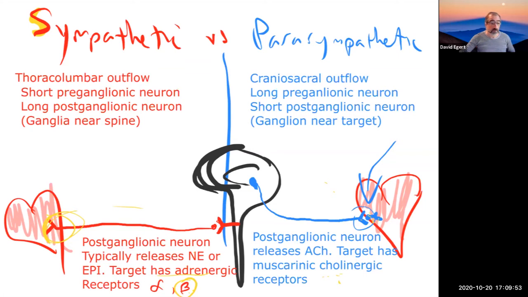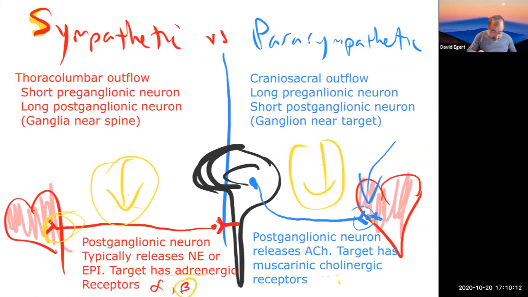So there's a whole bunch of different drugs. Again, this is going to be later on when you get into your pharmacology. There's a whole bunch of drugs that are specifically to either block or activate sympathetic or parasympathetic. And the different subclasses of receptors tend to be localized on different areas. So you actually have some amount of finesse in how you are modulating the activity of the sympathetic and parasympathetic systems using the different drugs that are available.